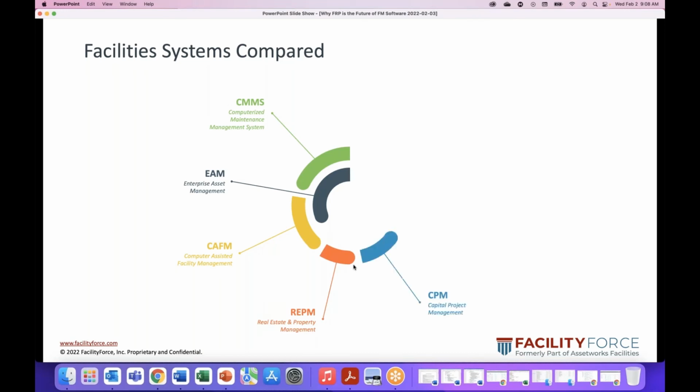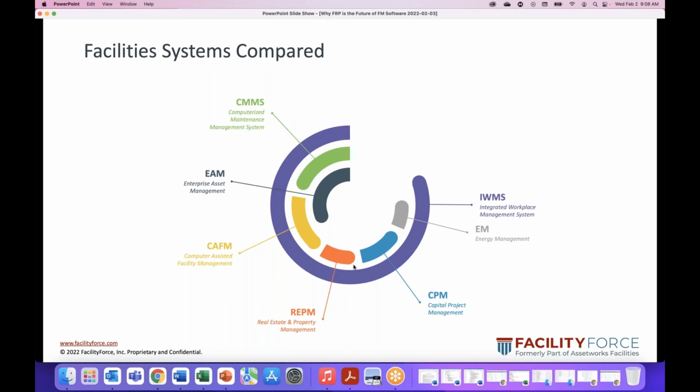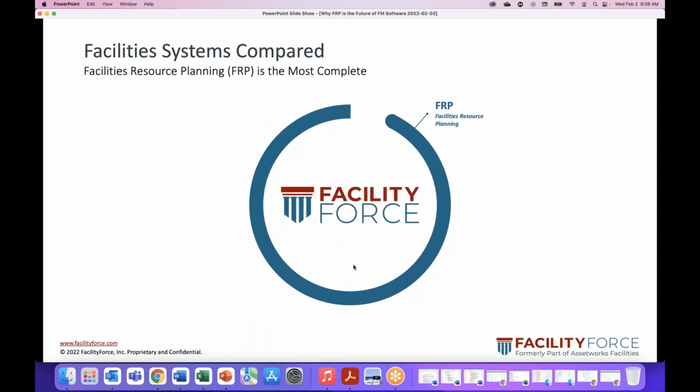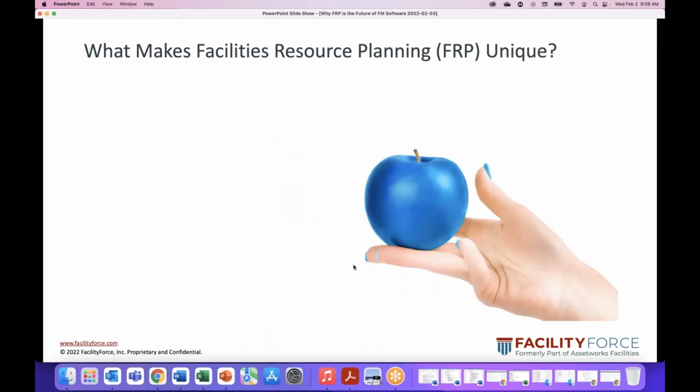Then there are real estate systems, capital project management systems, energy management systems, and then enter the IWMS, which encompasses all of that. Now, where we see this going is to take it to the next step, enter the FRP, Facilities Resource Planning. This takes IWMS a little bit further. And that's really what FacilityForce is.